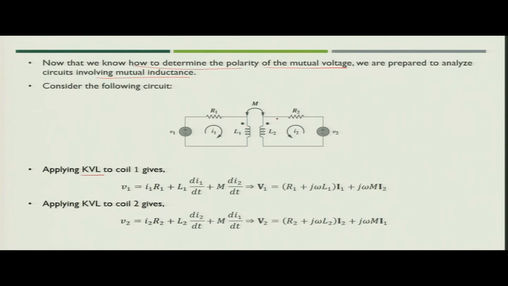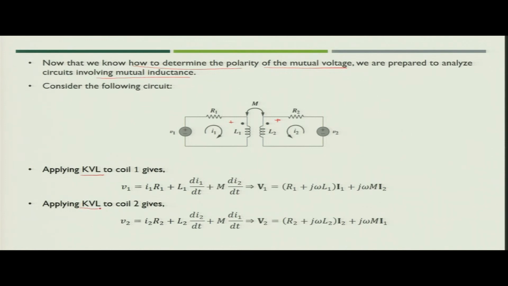Here, in both cases the current is going inside the dot, and the reference polarity is positive on both sides where the dot is connected. It means the mutual voltage, which you get because of the magnetic coupling of these two coils, will be positive. In the frequency domain you can write V1 is equal to (R1 plus j omega L1) into I1 plus j omega M I2.